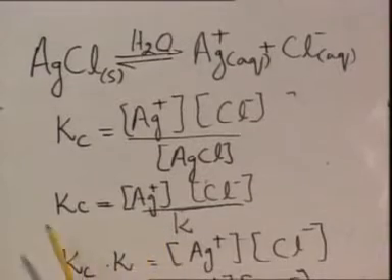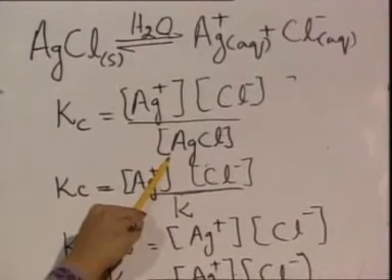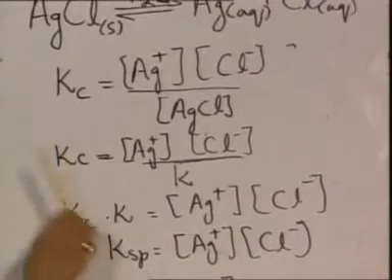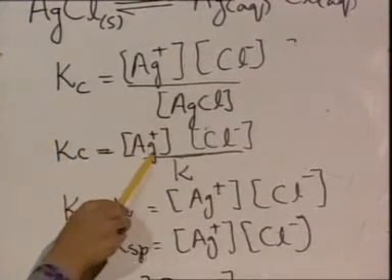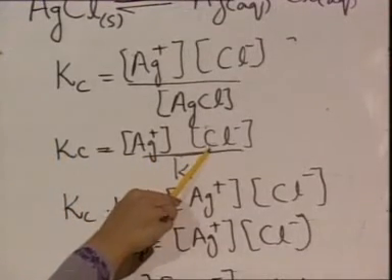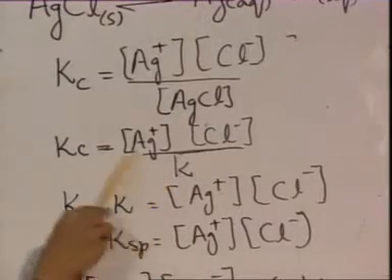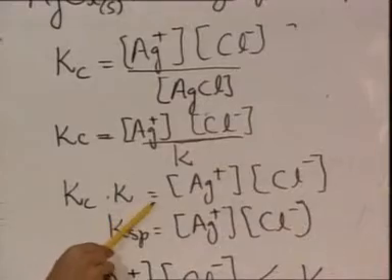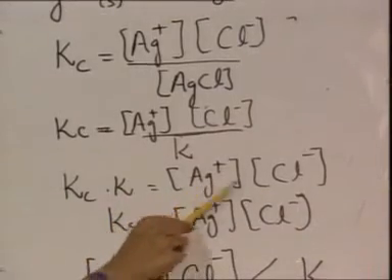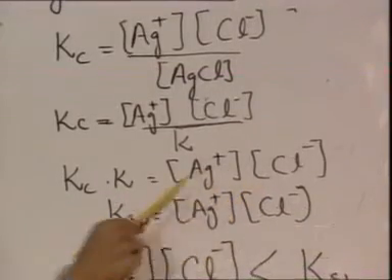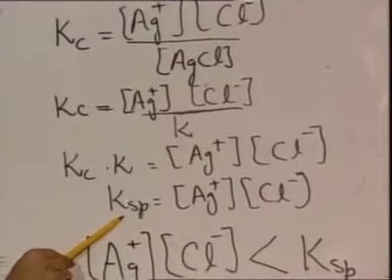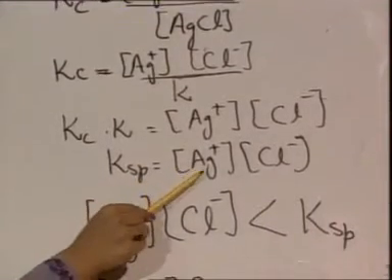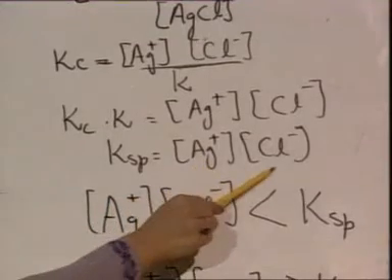Since the effect of undissolved salt remains constant, thus the equilibrium constant expression for this equilibrium is Kc is equal to product of silver and chloride ions divided by K. On rearranging, the equation becomes Kc into K is equal to product of silver and chloride ions. The new constant is called Ksp or solubility product constant, which is equal to product of silver ions and chloride ions.